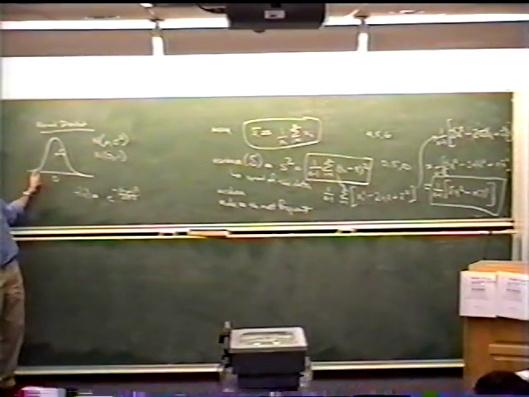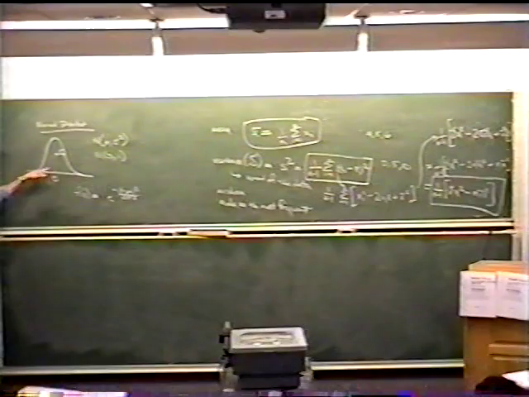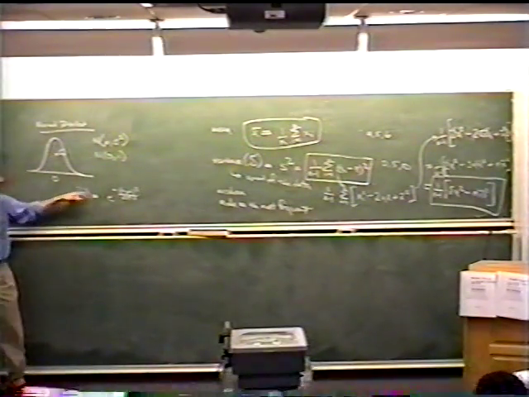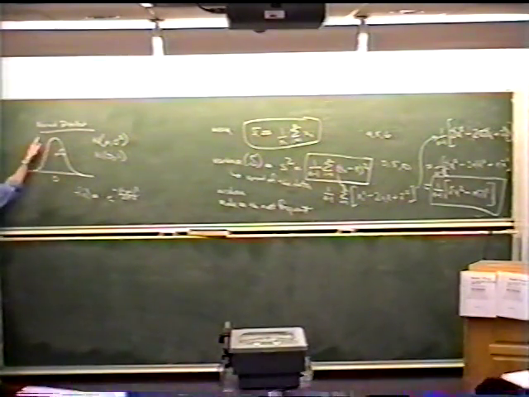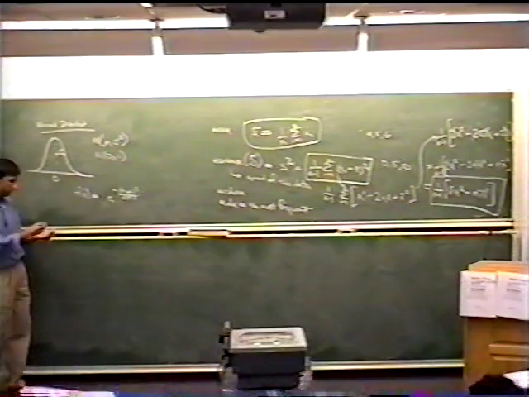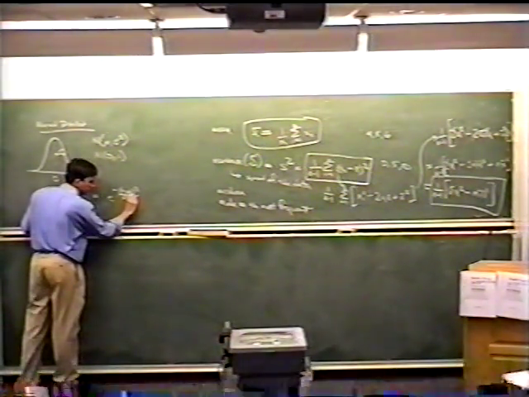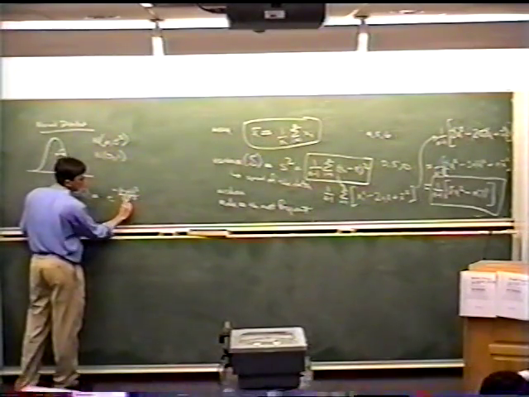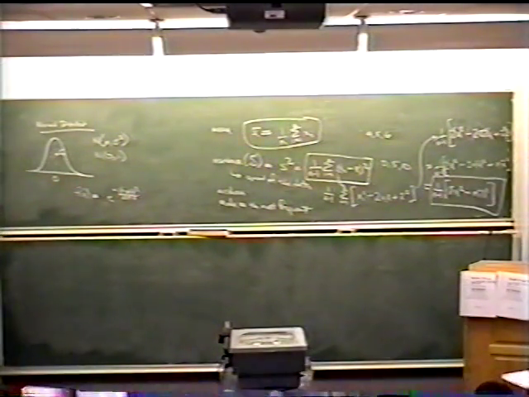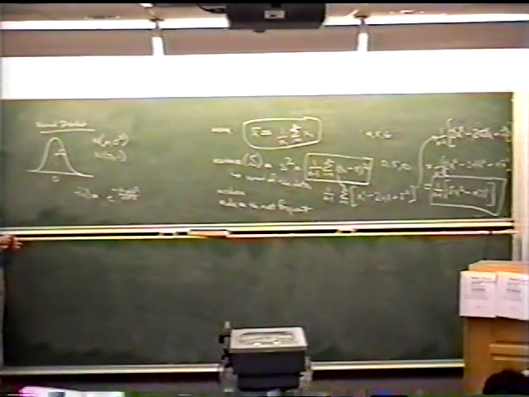If you were to plot this equation in your calculator, you would actually get a normal distribution. And you can see that this normal distribution depends on these two variables, mu and sigma. So that's what defines a normal distribution: its mean and its standard deviation or variance, whatever you want to call it.